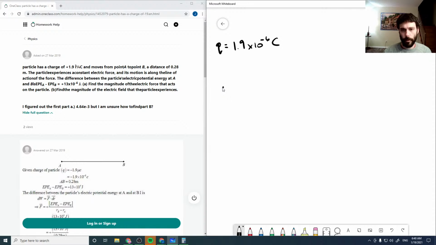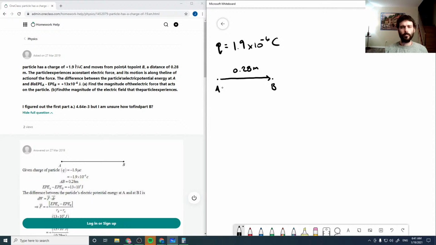And we're moving it from point A to point B along a distance of 0.28 meters.